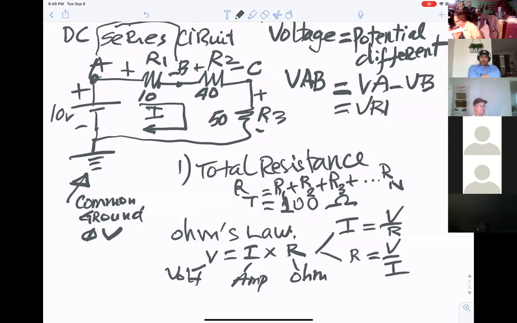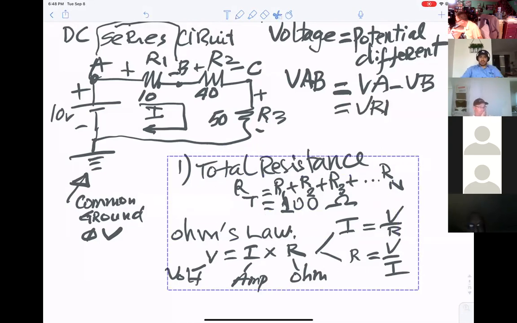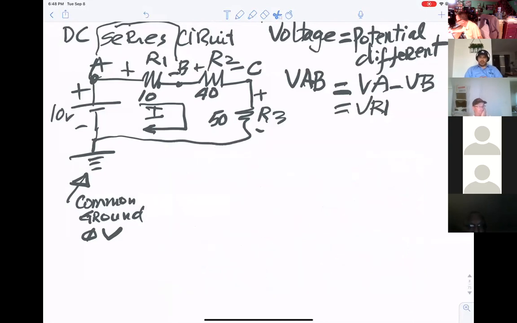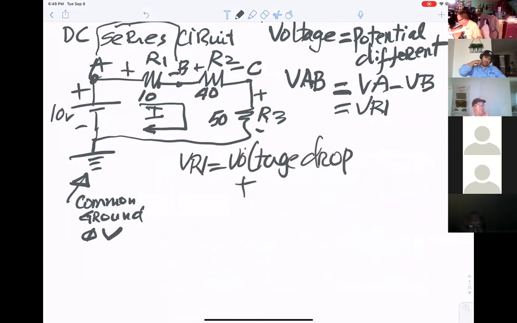When we say VR1, what does that mean? It means the voltage drop across resistor 1, the first resistor. VR1 means the voltage drop through R1.